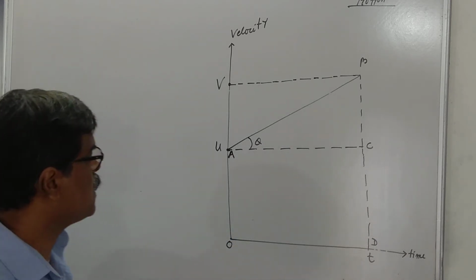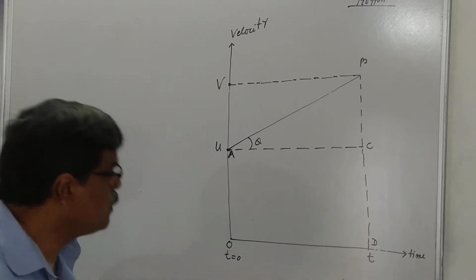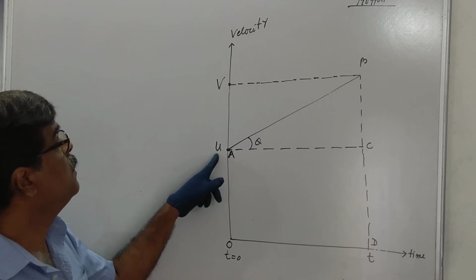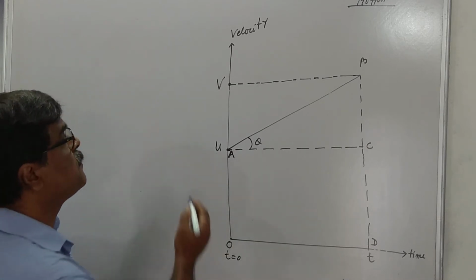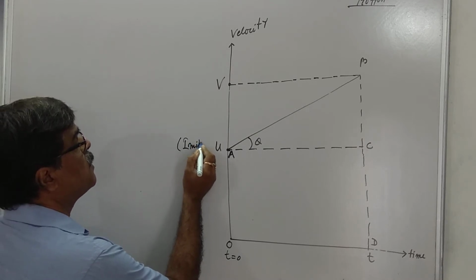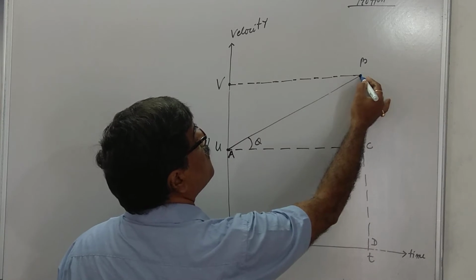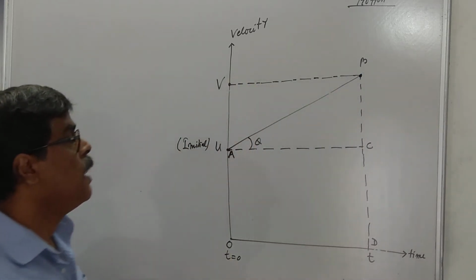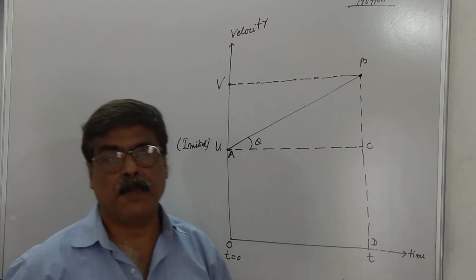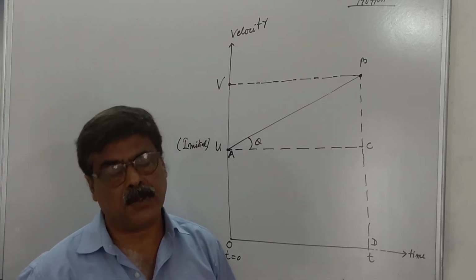Now, first we consider when the time is zero, that is initial, our velocity is u. This is initial velocity. And after time t, the velocity is v. And the nature of the graph is a straight line. Straight line graph means the motion is uniformly accelerated motion.